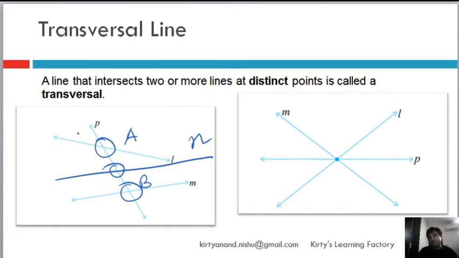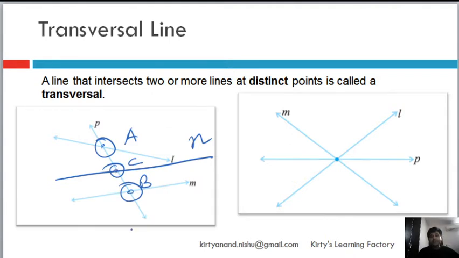So this line basically has to intersect these two or more lines at different points, right? So P intersects line L at point A, and P intersects line M at point B, and P intersects line N, which I just drew, at point C.